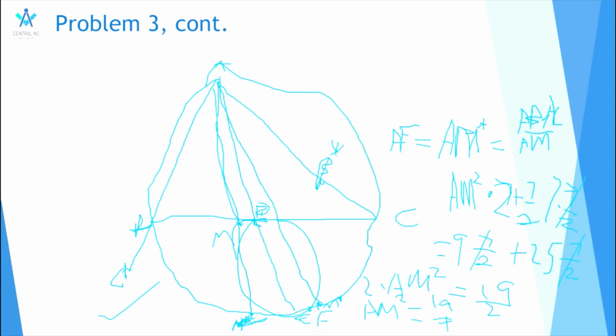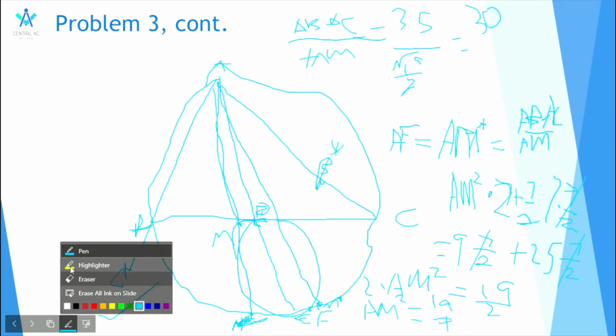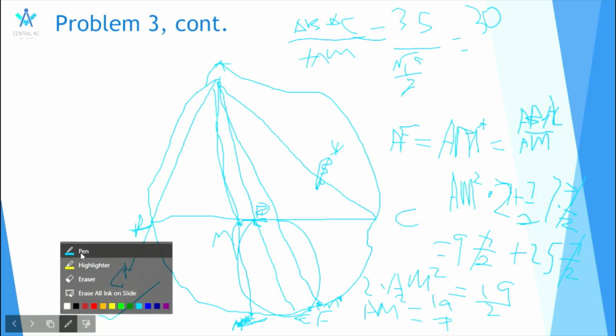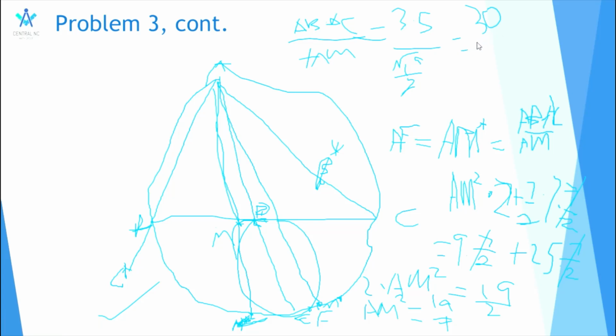We're going to plug that in here. AB times AC over AM equals 3 times 5 over root 19 over 2, which equals 30 over root 19. Anyway, we're basically done.